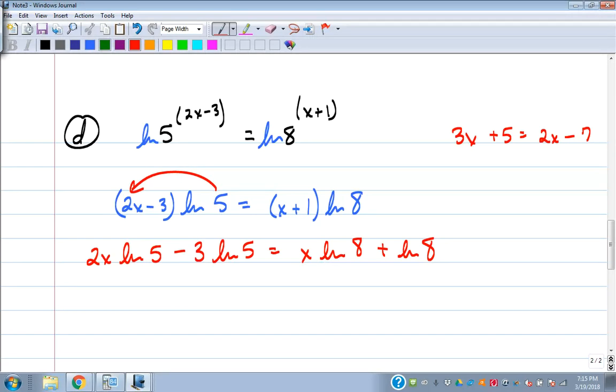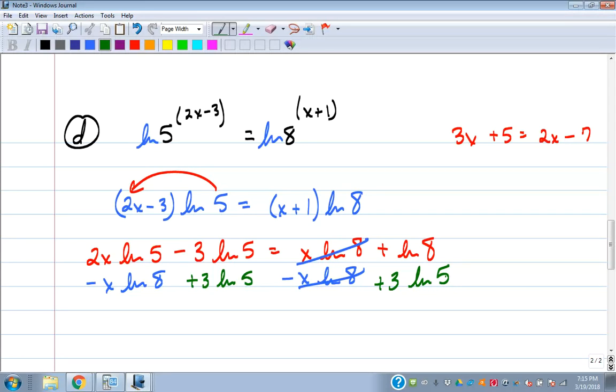Okay? So I'm going to subtract x natural log of 8 to get that one away from this other side. And then I'm going to add 3 natural log of 5 over here, so that I get rid of this piece that doesn't even have x's and get it over here with this other piece that doesn't have x's.